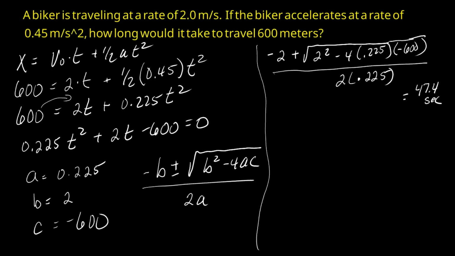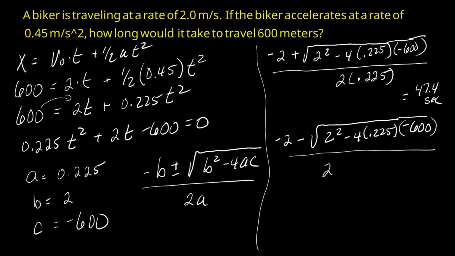Okay, let's solve it for the other root. So it'll be minus 2 minus the square root of 2 squared minus 4 times 0.225 times negative 600, all this divided by 2 times 0.225.